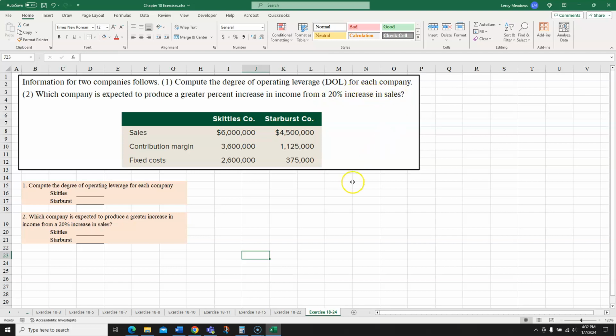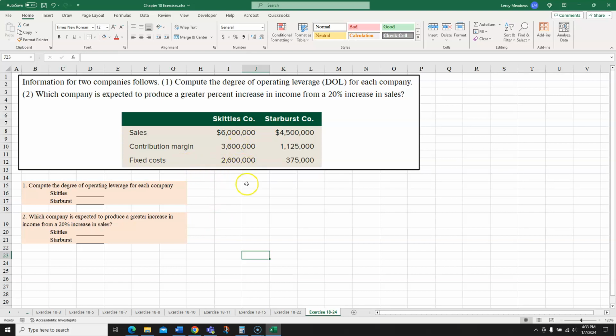Okay, so we need to compute the degree of operating leverage for each company. So remember that our degree of operating leverage is contribution margin divided by fixed costs. I'm sorry, contribution margin divided by our income. Forgive me. So I don't have that here.